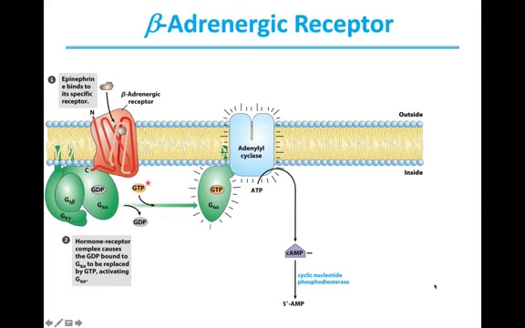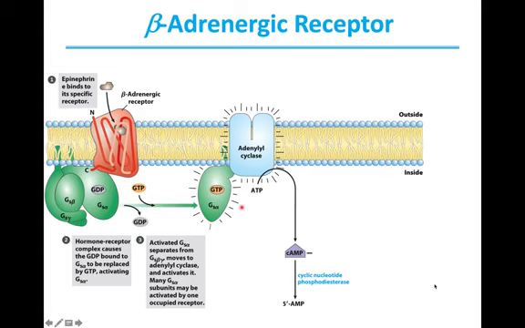Now you have to remember that this GTP is from the cytosolic region, or inside the cell. As a result of GTP binding to GS alpha, the subunit is activated and it separates itself from the beta and the gamma subunits and moves towards adenylyl cyclase, an enzyme that is also embedded on the plasma membrane.